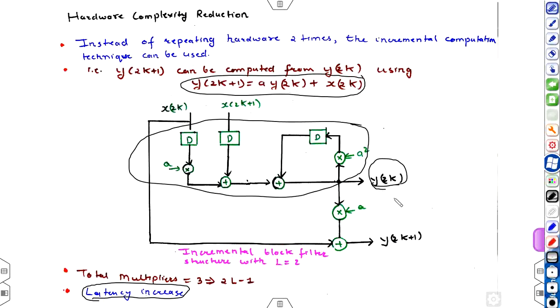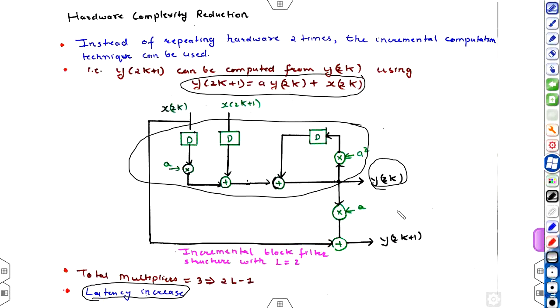In the first cycle we will receive y of 2k, then in the next cycle we will receive y of 2k plus 1, and from the third cycle onwards we will receive two samples simultaneously. So initially we have to wait for one clock cycle to receive both outputs. After that, in each clock cycle we will receive two output samples. So this is how the sampling rate will be doubled.